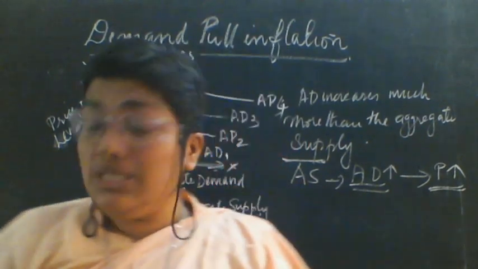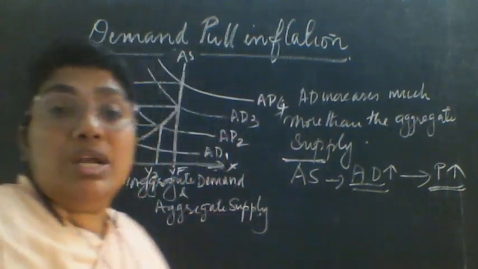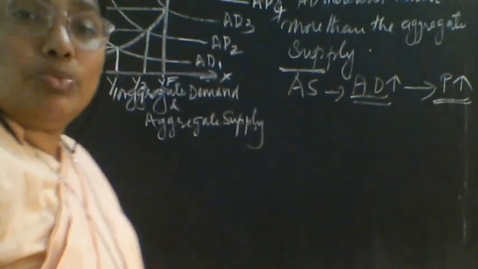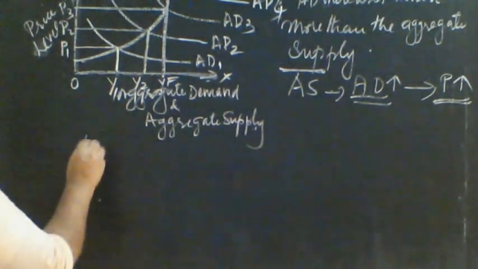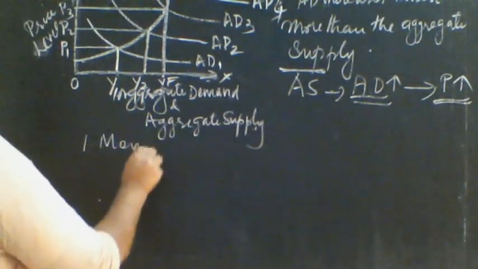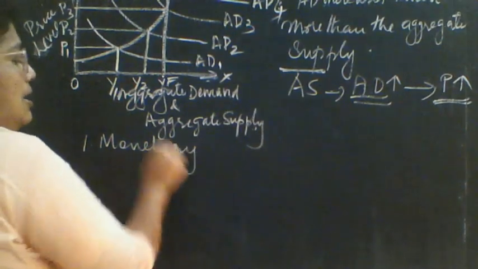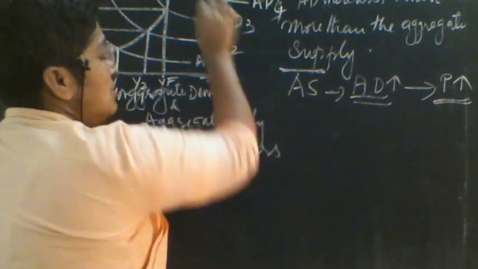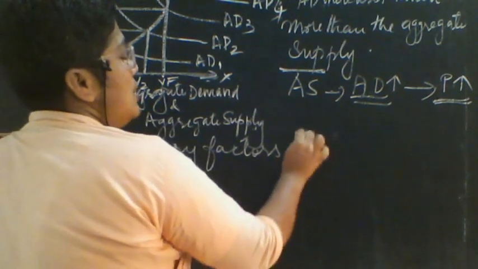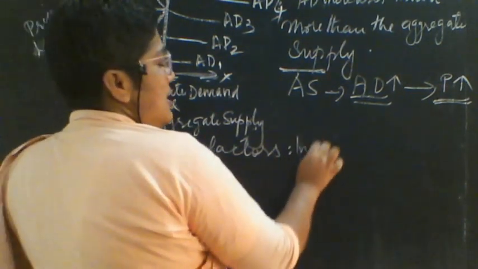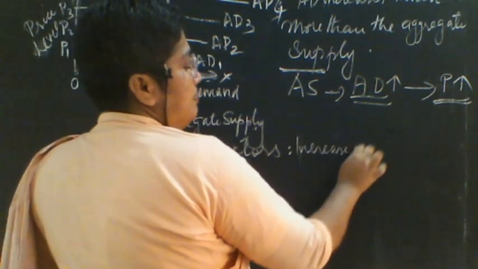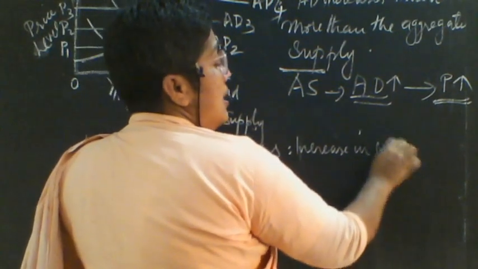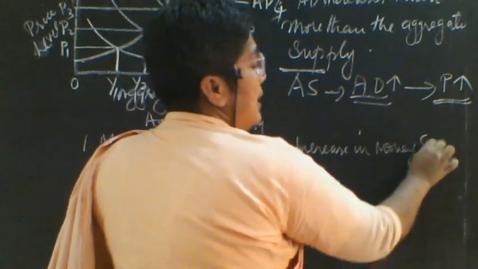The first one is monetary factors. Monetary factors are nothing but an increase in money supply.